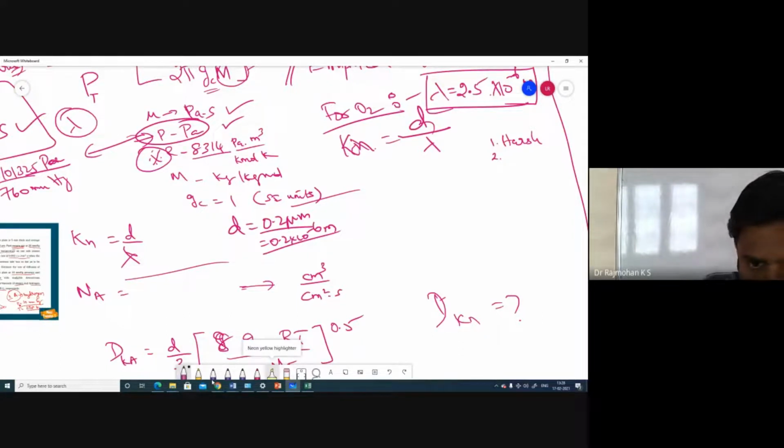So that is 0.2 into 10 power minus 6 divided by 2.5 into 10 power minus 6. Oh, lambda by D, sorry.